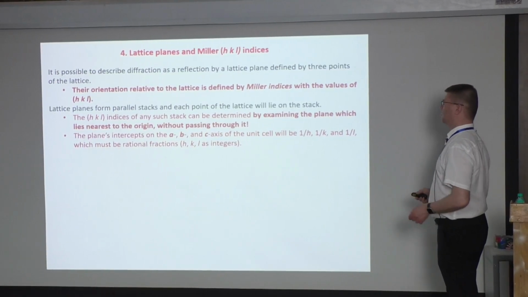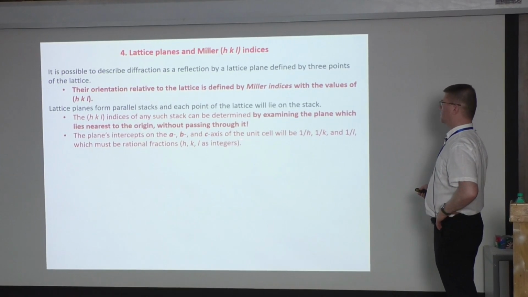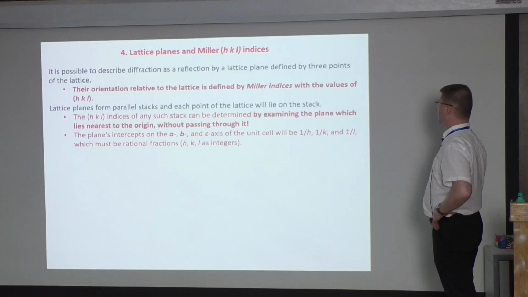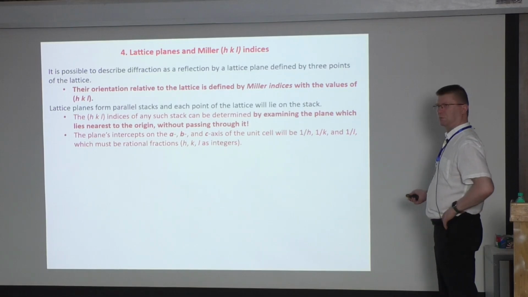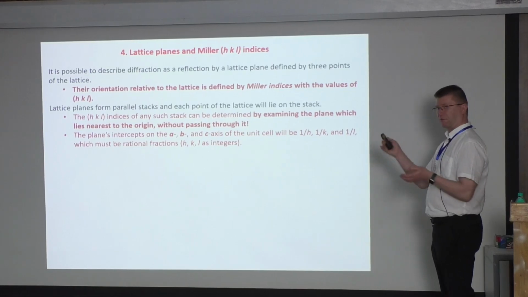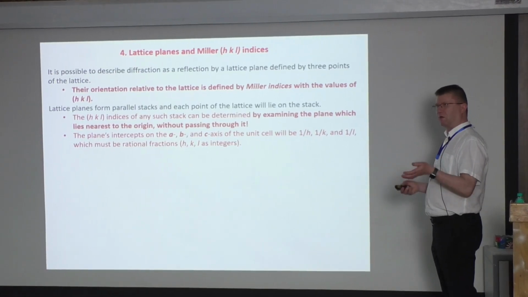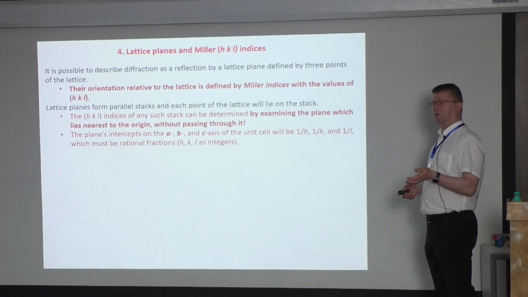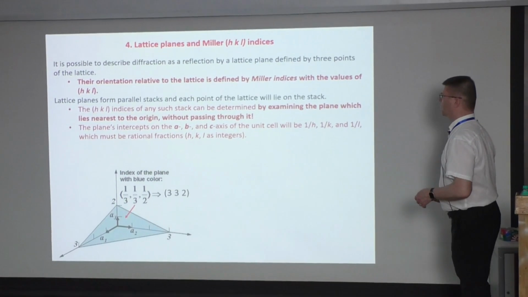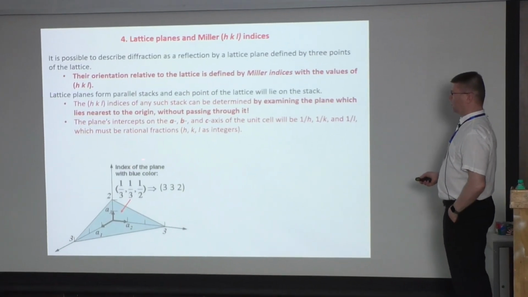If the plane intercepts a, b, and c on the unit cell axes, it will be defined by 1 over h, 1 over k, and 1 over l. This is a fraction, but fractions are very difficult to handle, so we turn it upside down.